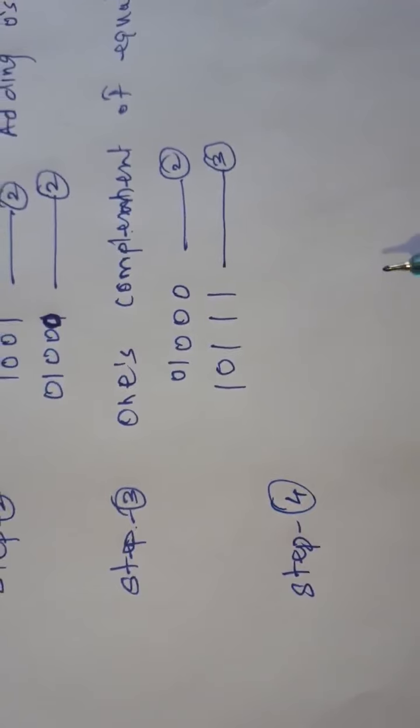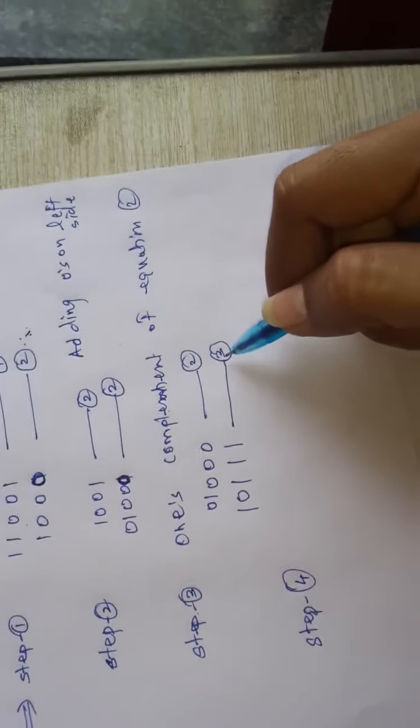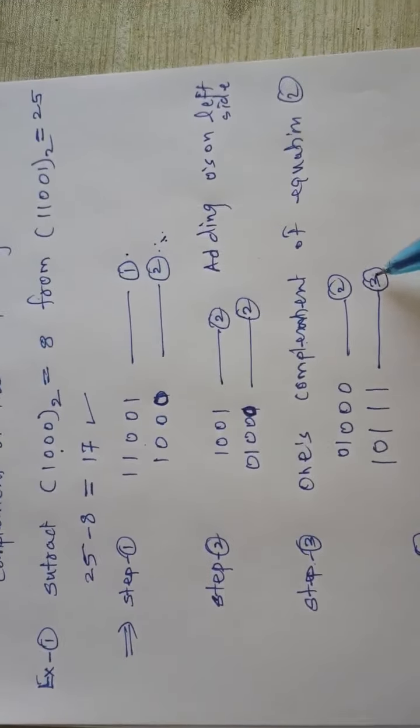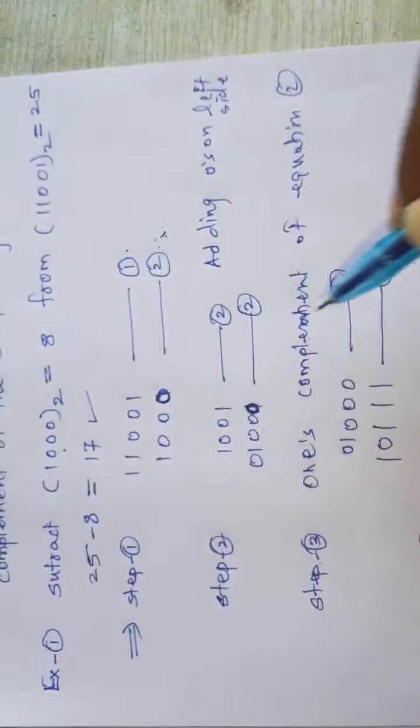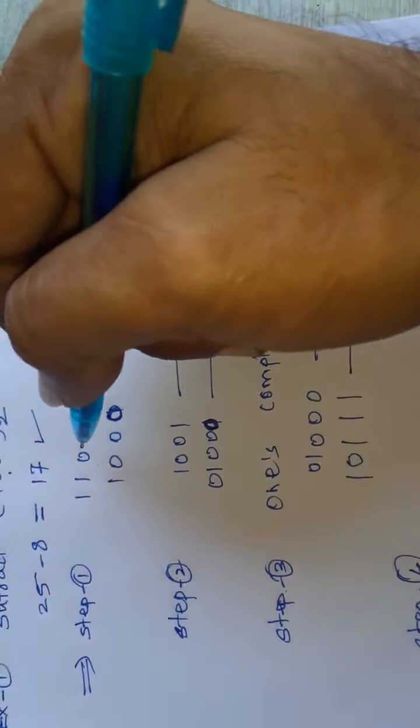Step 4: add the complement value. This complement value, equation 3, we can add to equation 1. We can add equation 3 to equation 1.